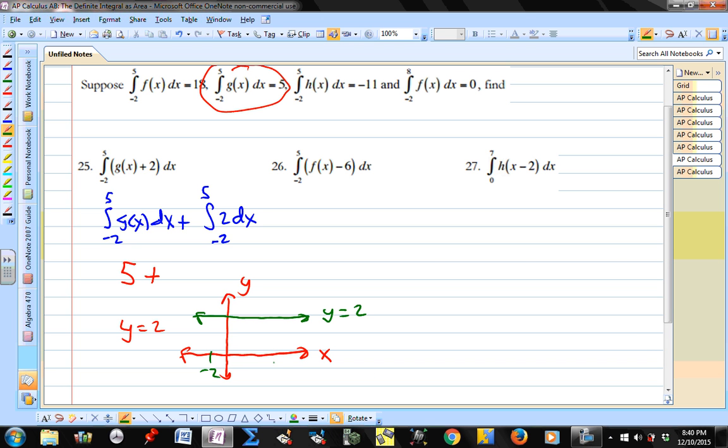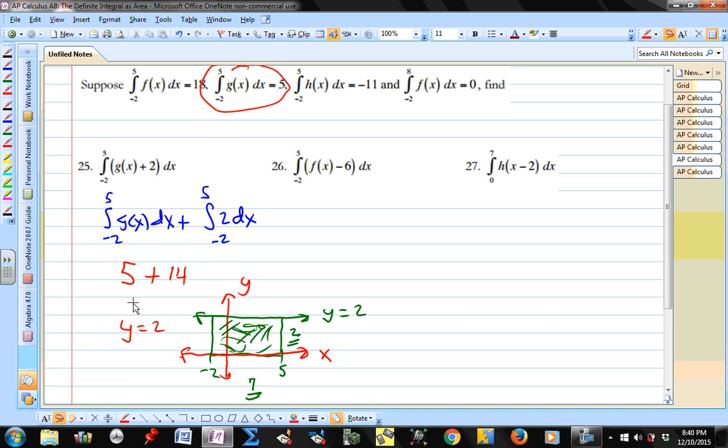So if we integrate from negative 2 to 5 and think about what this represents, you can see that this gives us a rectangle with an area that we can compute. So let's figure out the base. The base goes from x is negative 2 to x is 5. So the base is 7. The height is 2. 7 times 2 is 14. The area of the rectangle is 14.